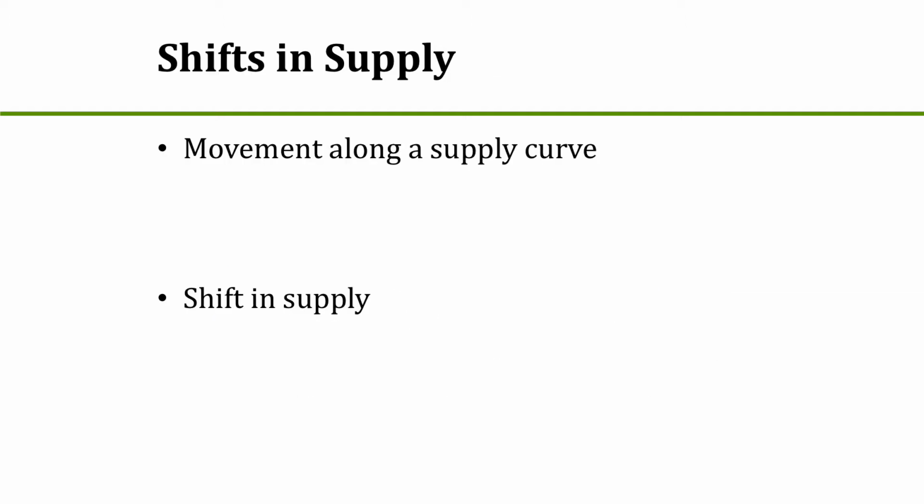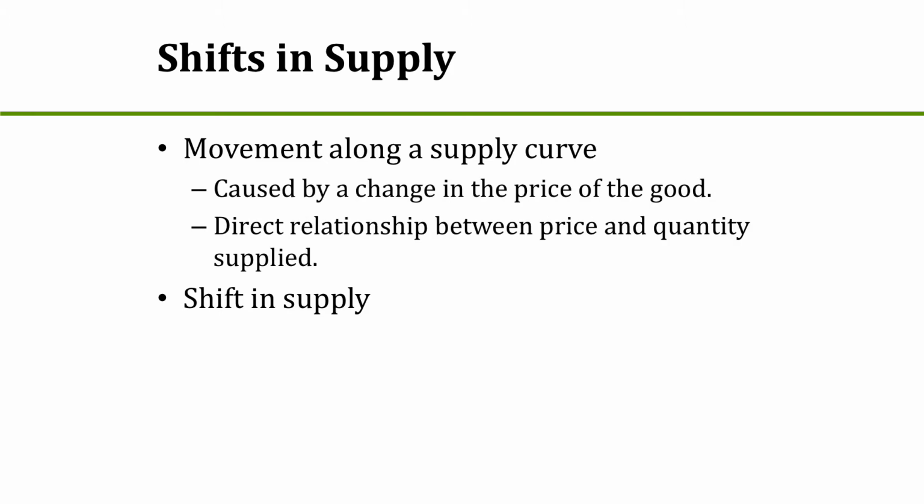Now let's cover the shifts in supply. We will first start with movement along a supply curve, as we did in the demand side. A movement along a supply curve will be caused by a change in the price of the good only. So when there's a change in the price of the good, the supply curve will stay intact. It's not going to change.